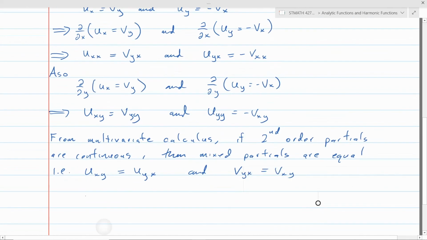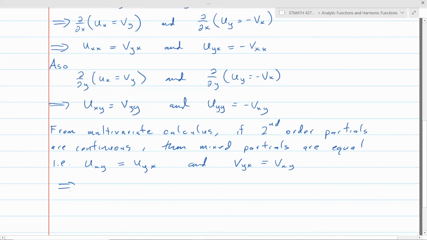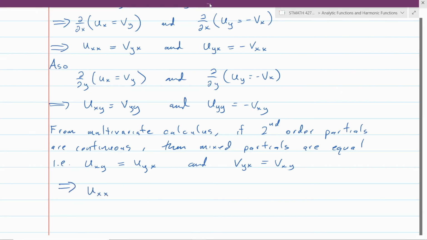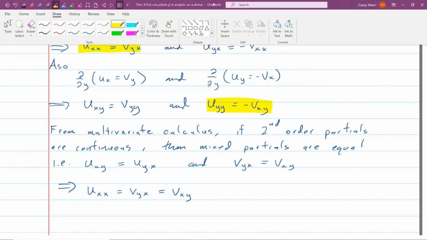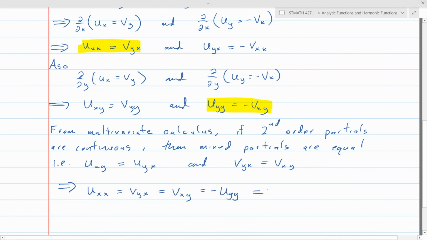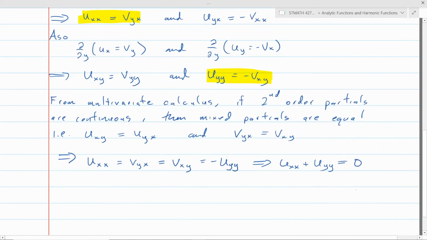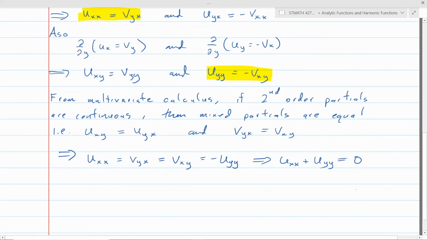Using that fact, if we start with this equation right here in yellow, I know u_xx equals v_yx, but because mixed partials are equal, that's equal to v_xy. Then I look around for a v_xy, and there I see v_xy right here. So I can see that v_xy is equal to negative u_yy, or in other words, u_xx plus u_yy equals 0. So u satisfies Laplace's equation.